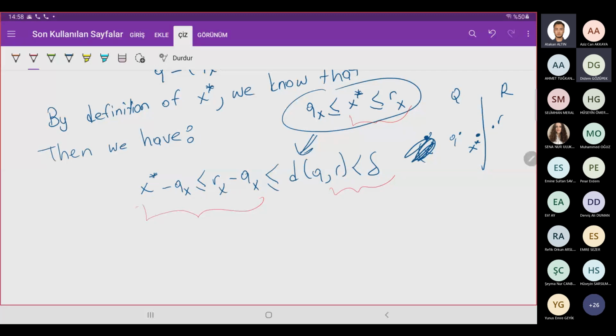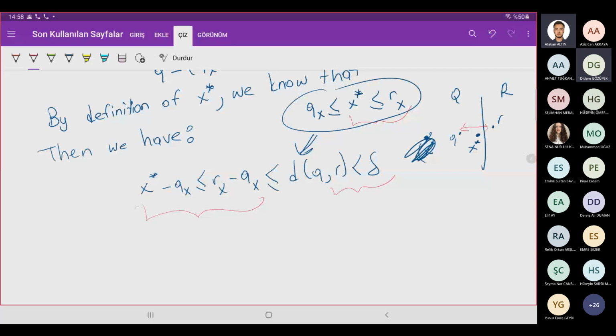So dqr is less than delta. Rx minus Qx is less than or equal to dqr. Here, this is Rx and this is Qx, Rx minus Qx.